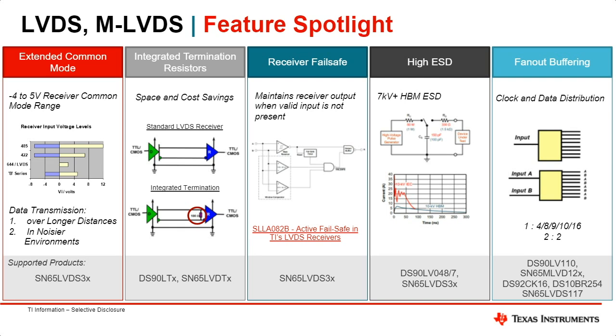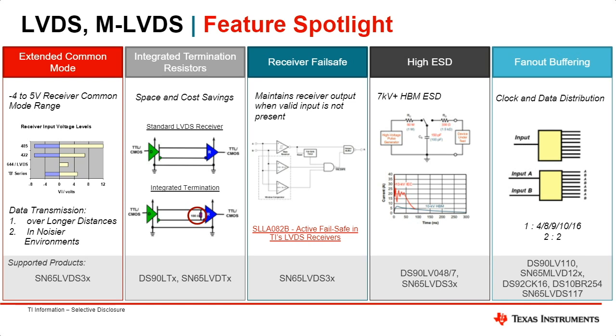RS-422 and RS-485 standards have a much wider common mode, and these extended common mode devices give the look and feel of an RS-422 and RS-485 to LVDS. And so this supports longer distance transmission, or if you're transmitting in noisier environments, this extended common mode feature will help support that.